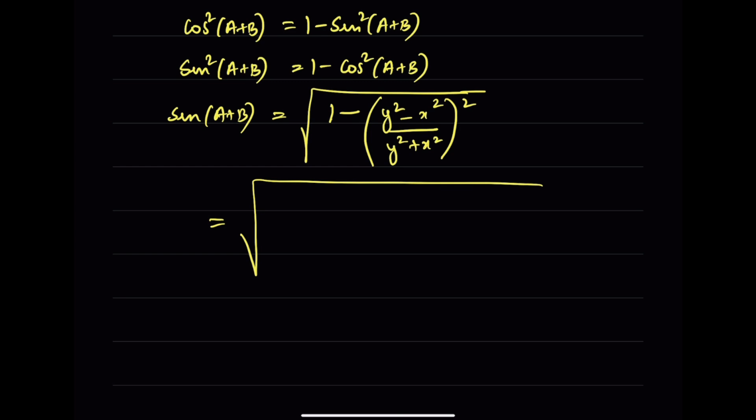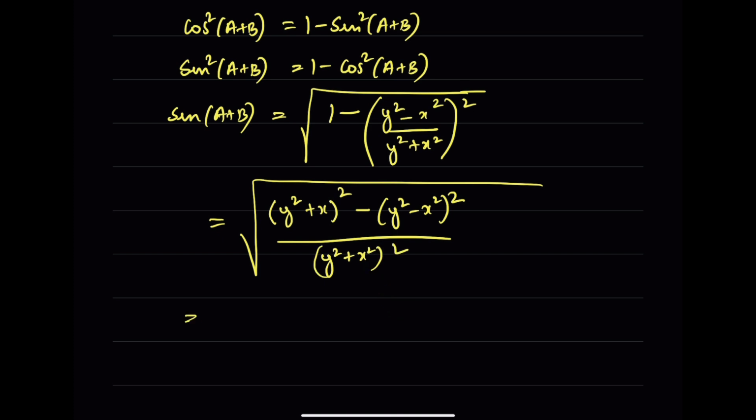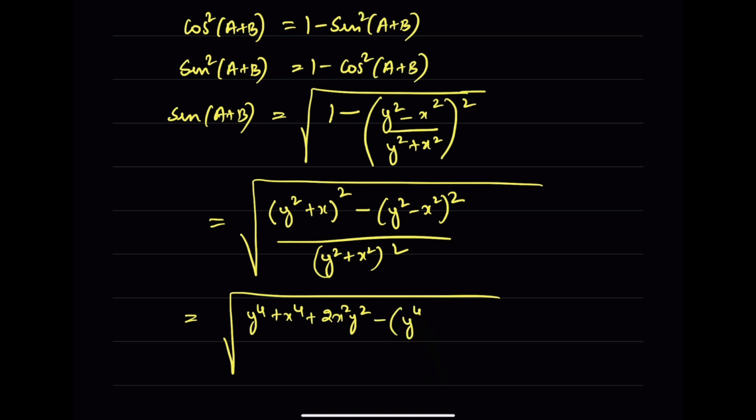Let's solve it. So we would have y square plus x square, the whole square, minus y square minus x square, the whole square, divided by y square plus x square, the whole square. If we apply the expansion, it will have y to the power of 4 plus x to the power of 4 plus 2x square y square, minus y to the power of 4 plus x to the power of 4 minus 2 times x square y square, divided by y square plus x square, the whole square.